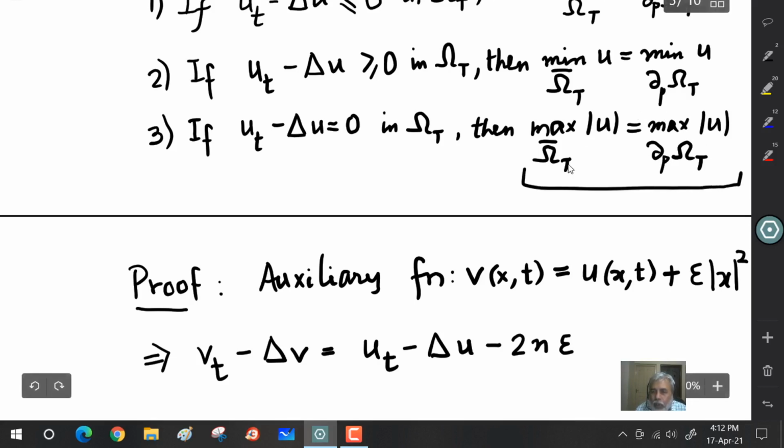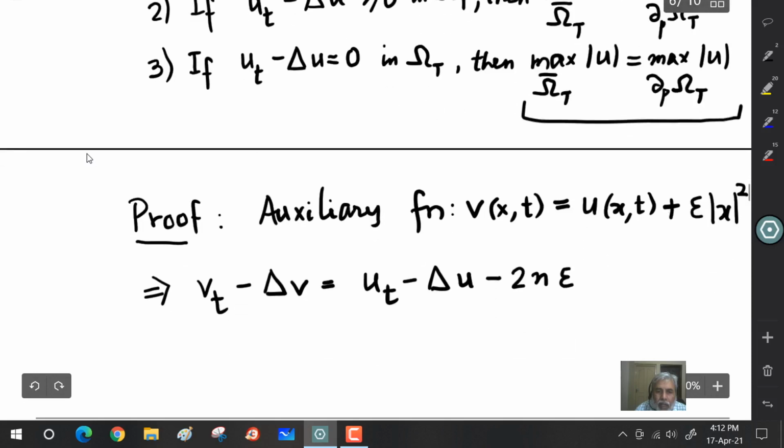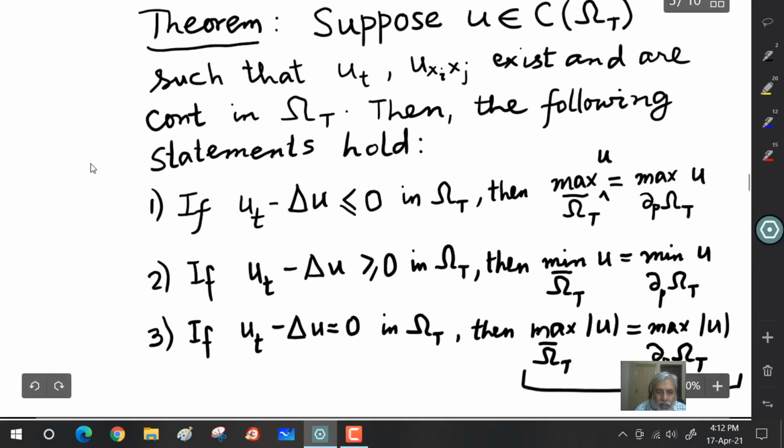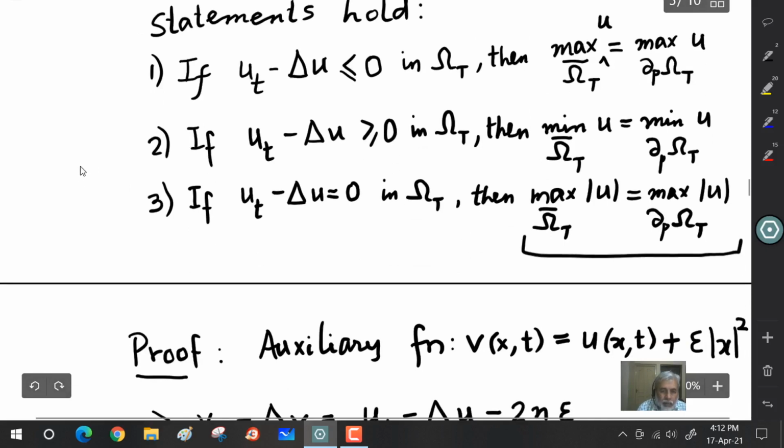So this mod u contains both maximum and minimum. These are called the weak maximum and minimum principles.